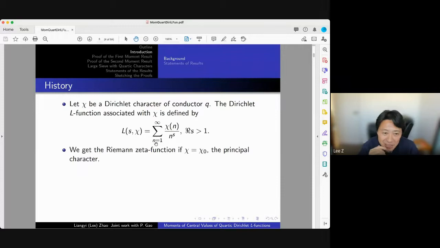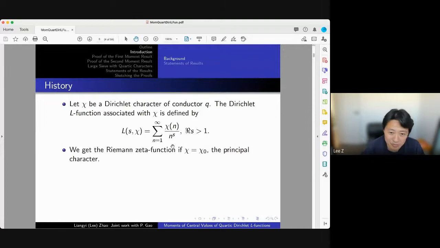Since chi is a Dirichlet character mod q, there's a character that's trivial, which is defined to be 1 for every integer n. That character is called the principal character or the trivial character. If chi is this trivial character, chi_0, then we have the Riemann zeta function.